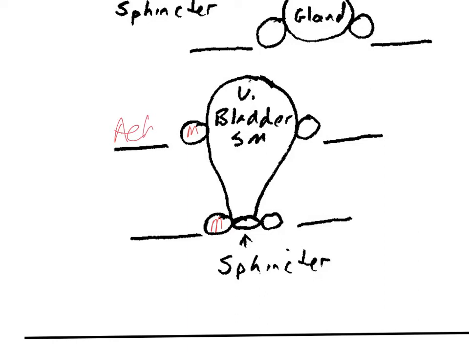We have acetylcholine and acetylcholine. It's always that. On the sympathetic side, epinephrine and norepinephrine. Epinephrine and norepinephrine. Always. Now the question becomes, what are the receptors?